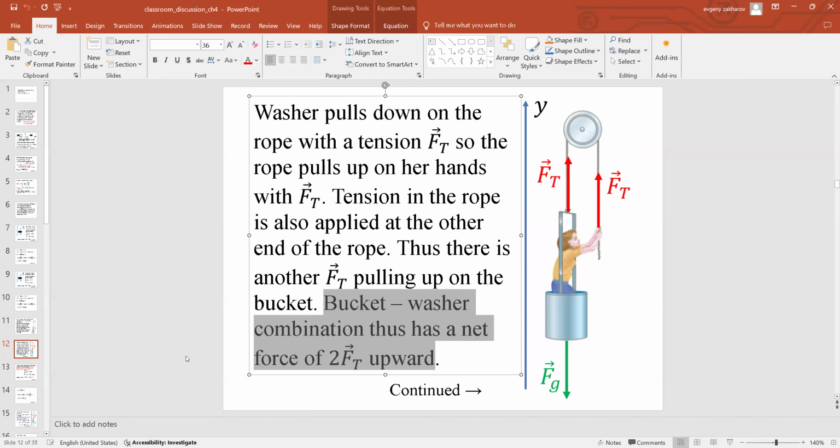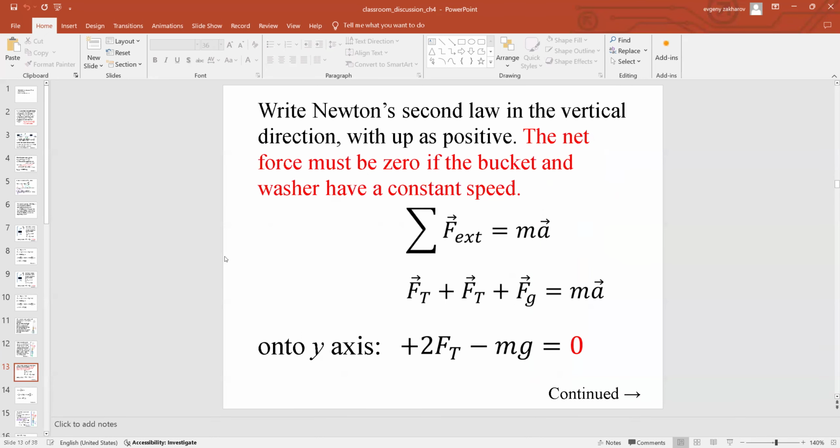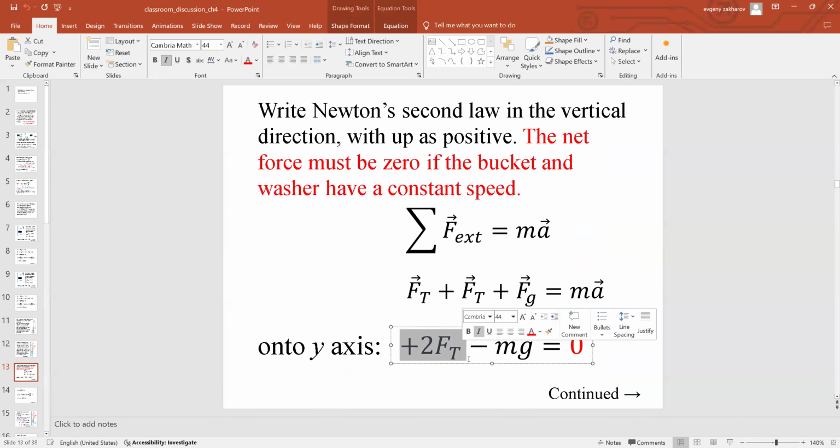But for this problem, if you have this kind of a system, that's what you have to consider. Both cords are within the system because you pull on one and the other one propels you upward as well. And then there's gravity downward, so double tension upward, single gravity downward.